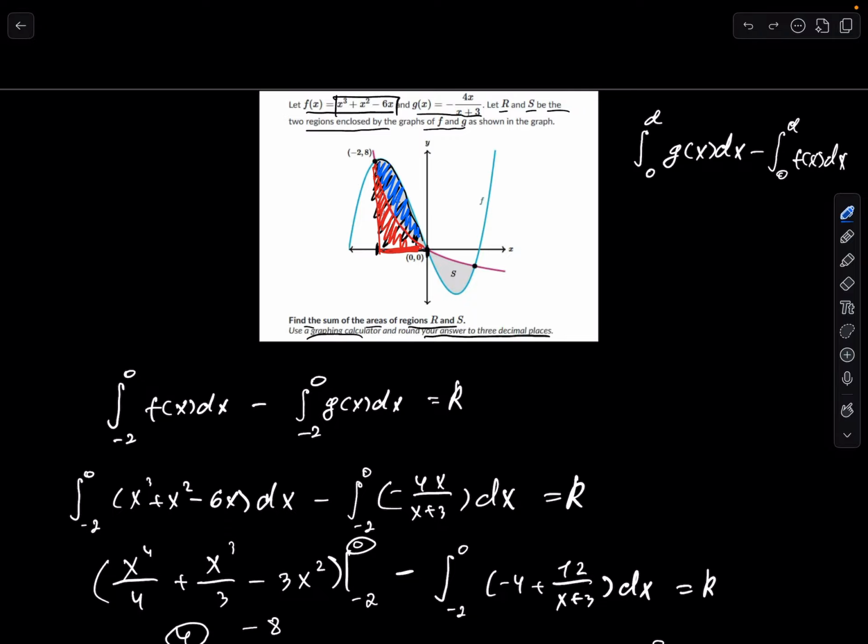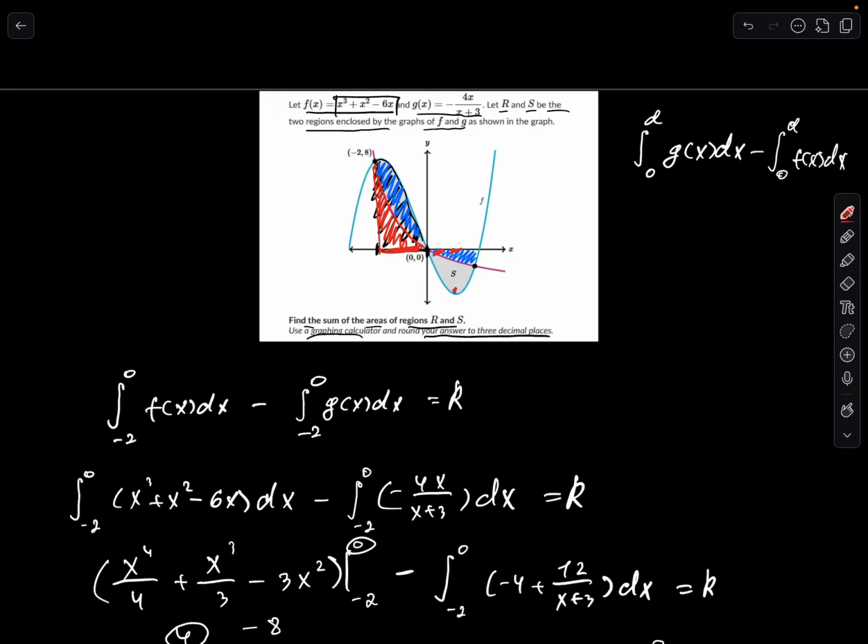between g of x, here g of x, and the x-axis, so it's already negative, minus the area from f of x to the x-axis.